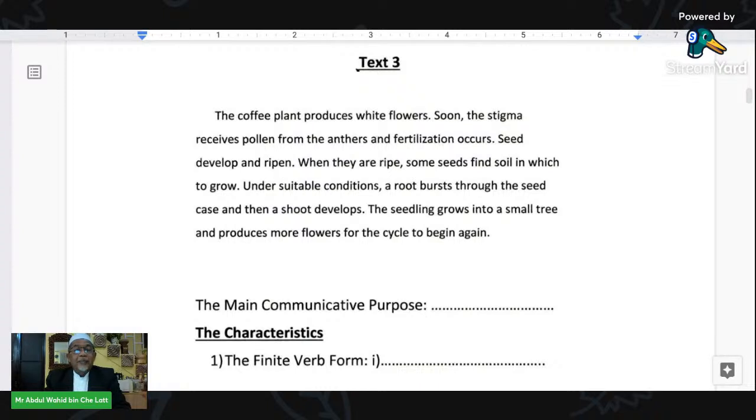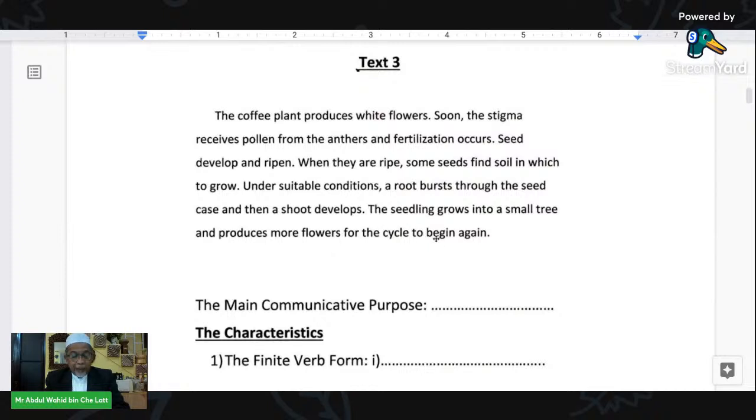Seeds develop and ripen. When they are ripe, some seeds find soil in which to grow. Under suitable conditions, a root bursts through the seed case and then a shoot develops. The seedling grows into a small tree and produces more flowers for the cycle to begin again.